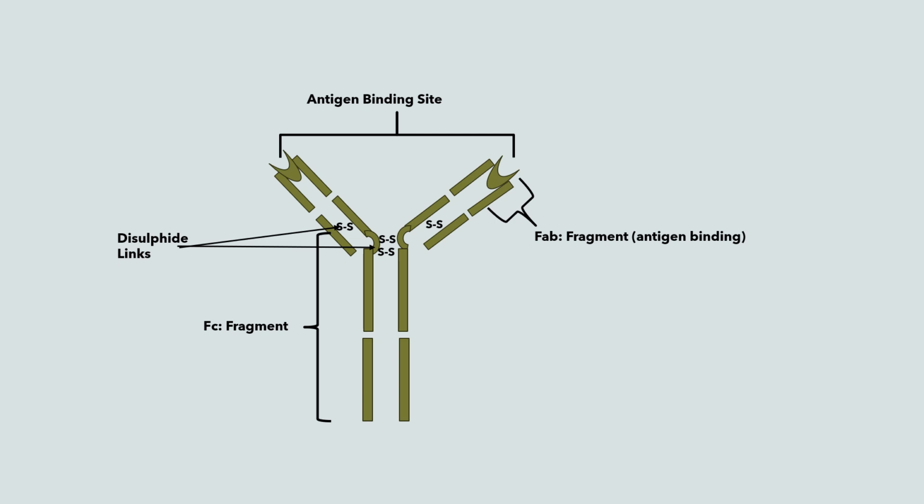And therefore, by taking these approaches, you can produce antibodies that are designed to have a higher half-life in vivo, in the body. I don't know if there's anything else I should say about this.